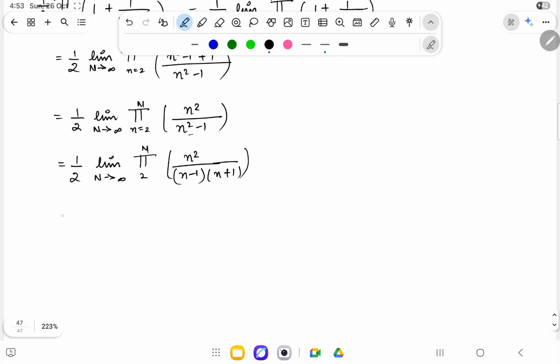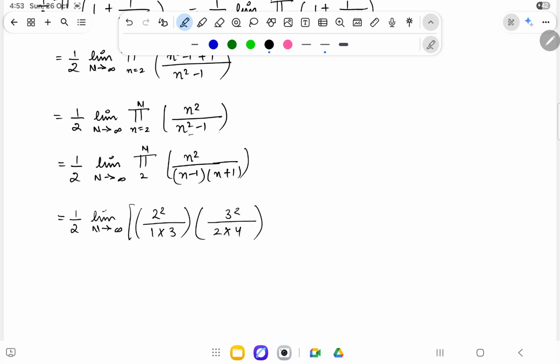Now if I just expand it, it will be equal to 1 by 2 limit capital N approaches infinity, 2 square by 1 times 3, 3 square by 2 times 4, 4 square by 3 times 5, 5 square by 4 times 6, and so on.